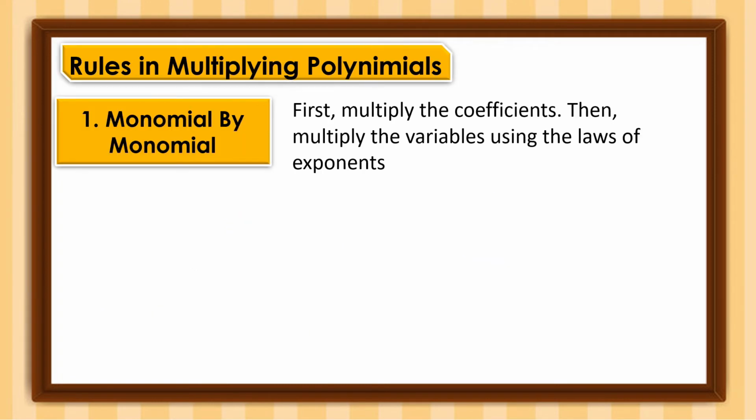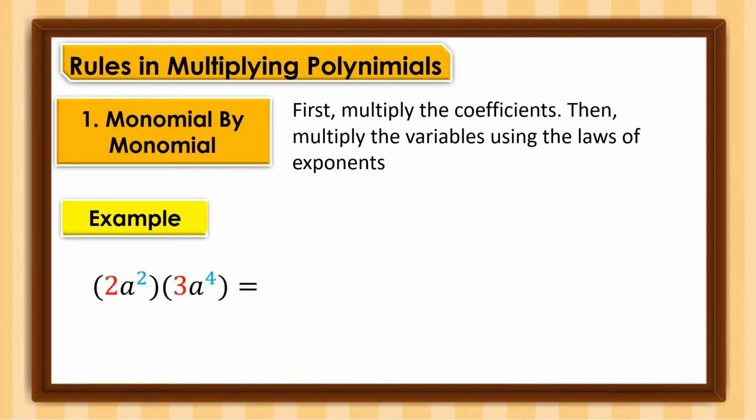So we have here the rules in multiplying polynomials. The first one is monomial by monomial. The step is, first multiply the coefficients, and then multiply the variables using the laws of exponent. So we have here 2a squared multiplied by 3a raised to 4.